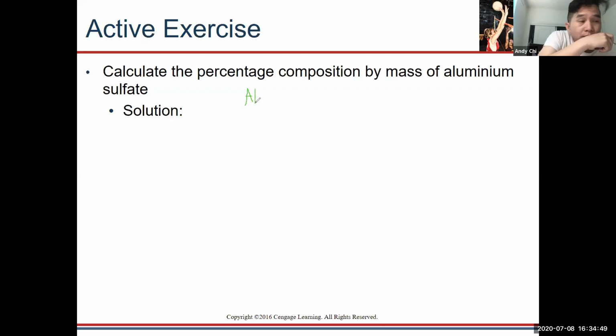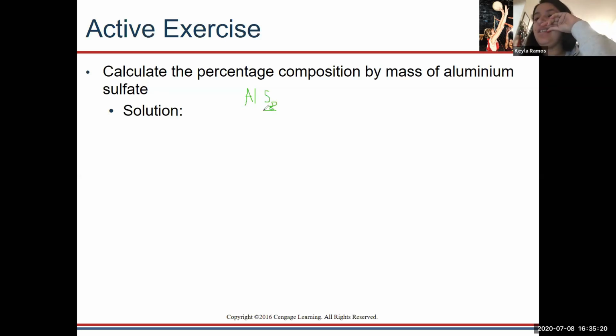And then for sulfate, it would be S. And then 2 or 3?